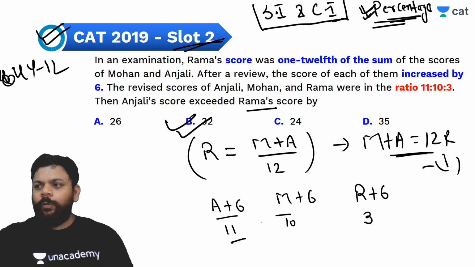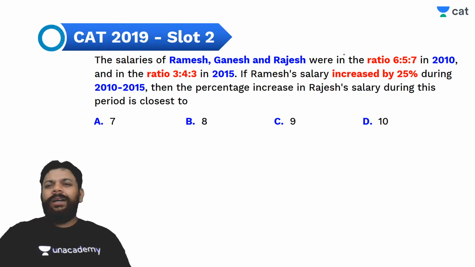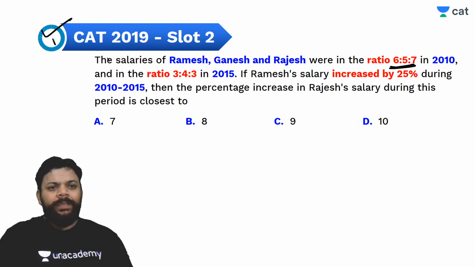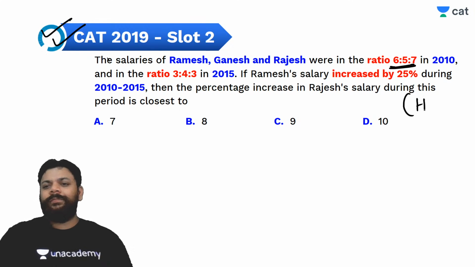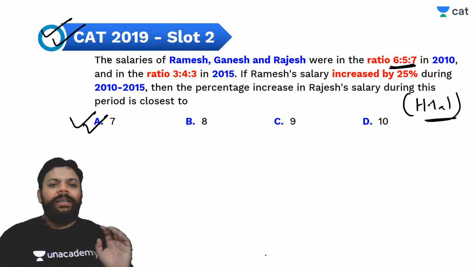Say yes or no. Okay, this question is quite easy. This is homework. In case you have a doubt, ask me this question. The answer to this question is option number A.